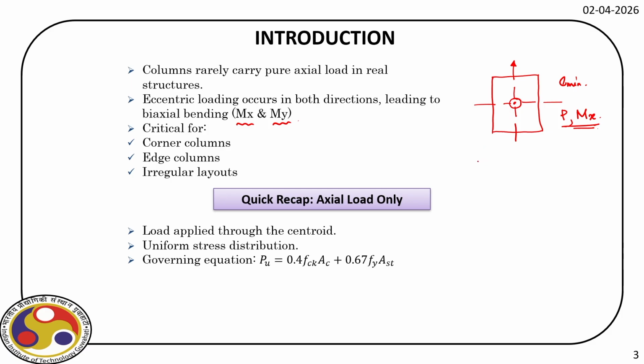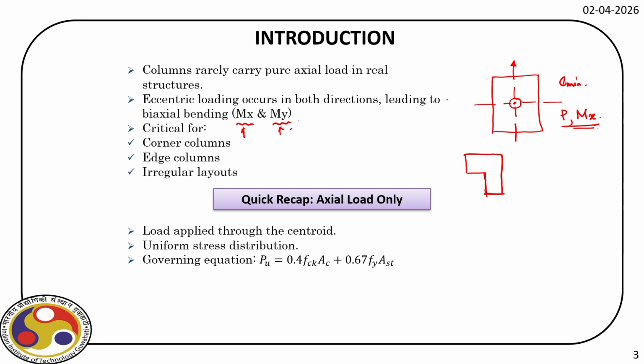Now, in a building, mostly the corner columns and some of the edge columns are exposed to Mx and My. Sometimes we also have an irregular layout. For example, if you have a column like this, then also we have a situation where we have moments in two orthogonal directions.